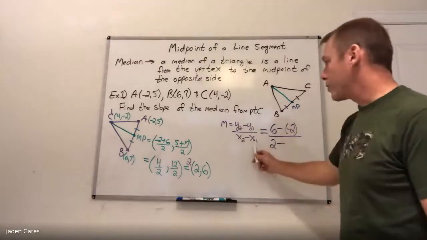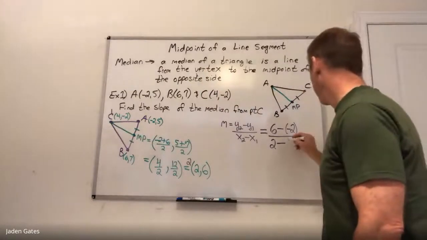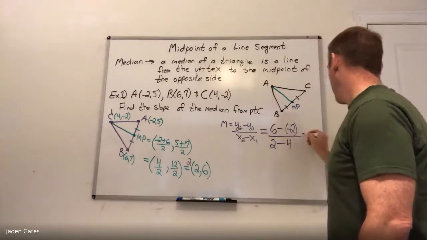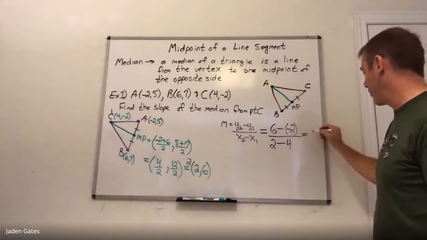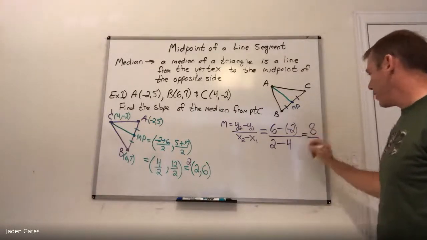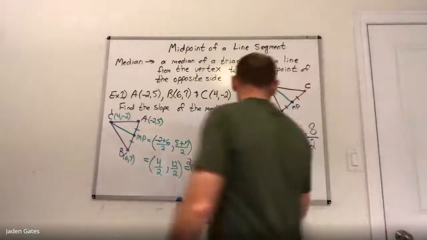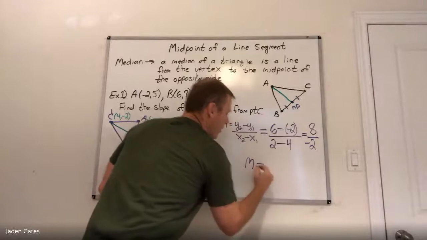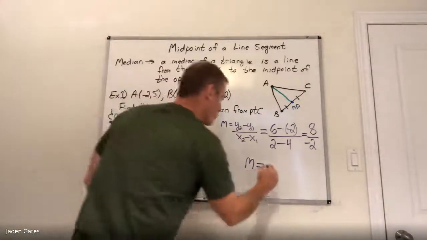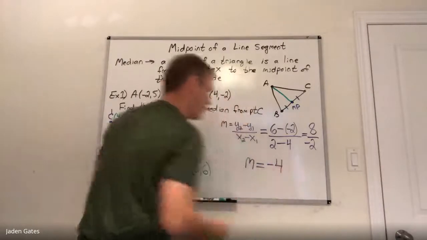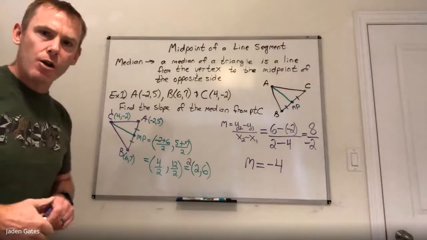I'm going to subtract x1, so my first point, and the x coordinate, which is 4. All right, so on the top here, 2 negative signs come together, so that's plus, so 6 plus 2 is 8. And on the bottom, I have 2 minus 4, which is a minus 2. And so if I simplify that, here's what I wanted, the slope of my median, which is 8 divided by -2, which is -4. Lots going on there. Any questions at all?